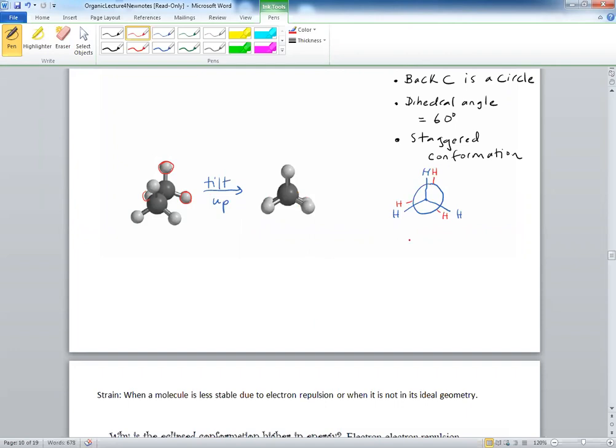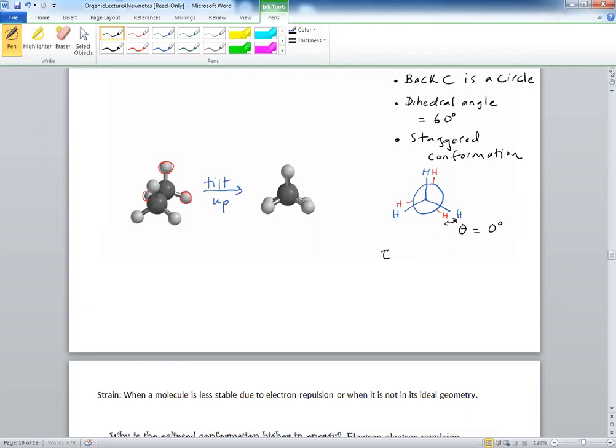This has an angle. So you might look at the angle and you say, okay, well, what is the angle between these bonds? And the angle is actually 0. There's an angle of 0.